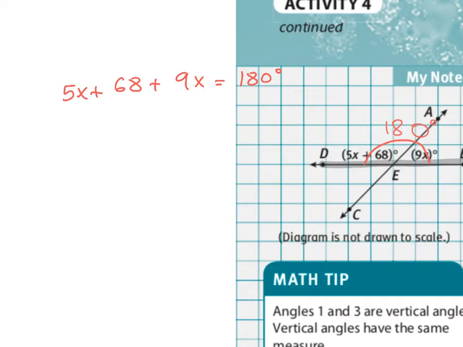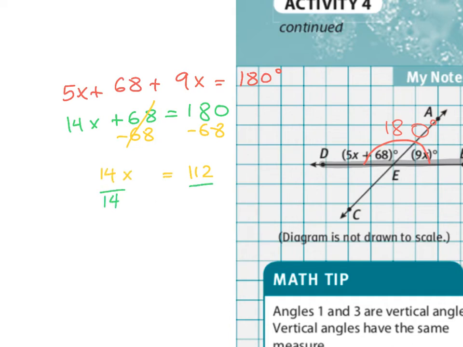So 5x plus 9x, that's 14x plus 68 equals 180. Now if I subtract 68 from both sides to solve for x, I get 180 minus 68, which is 112. So 14x equals 112. Then I divide both sides by 14, and I can find that x is equal to 8.